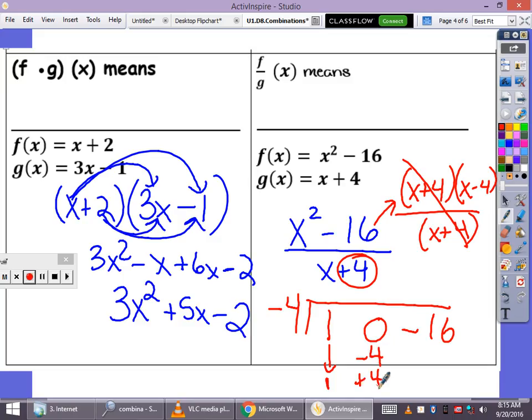No, it's not. What am I doing? 0 minus 4 is negative 4. And then negative 4 times negative 4 is positive 16, which cancels this. So my answer is 1x minus 4, which is what I got before. Yes? So that's how to do it, factoring and synthetic division. Everyone good? So those are the basic operations.